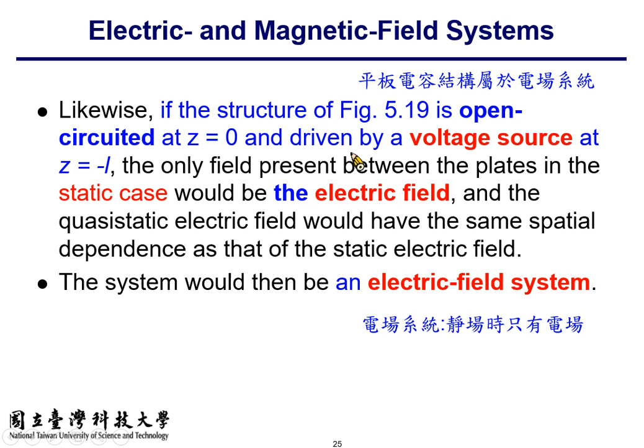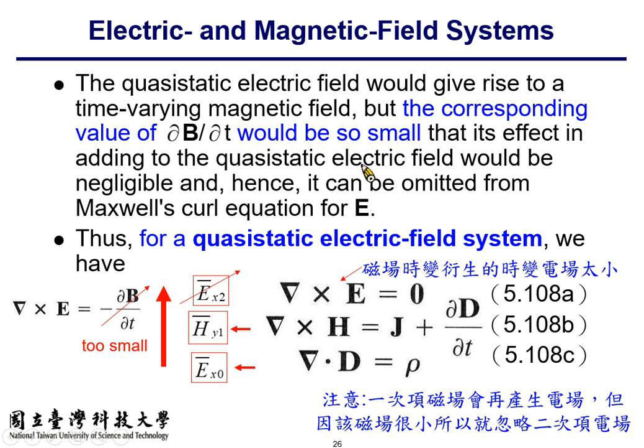So a capacitive structure can be referred to as an electrical field system, which means it has only electrical field in the static case. And the production of zeroth order electrical field and the first order magnetic field can be illustrated with these equations over here. The first equation we have is Gauss's law of electrical field.